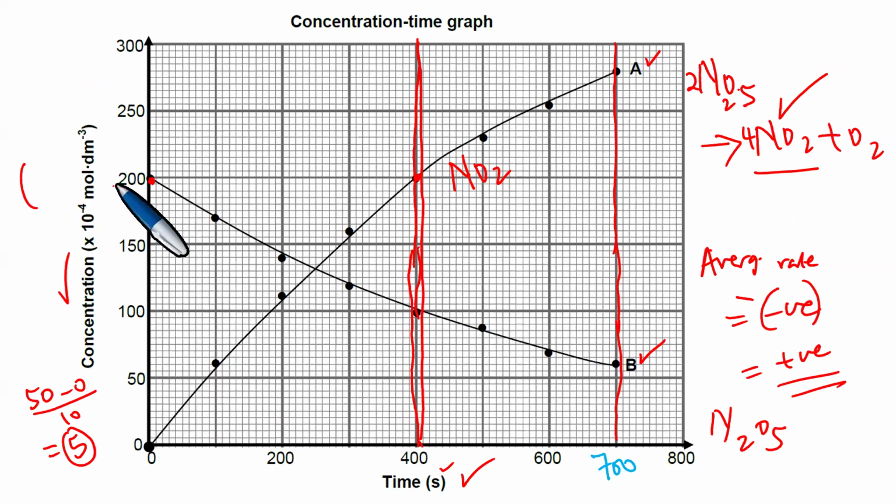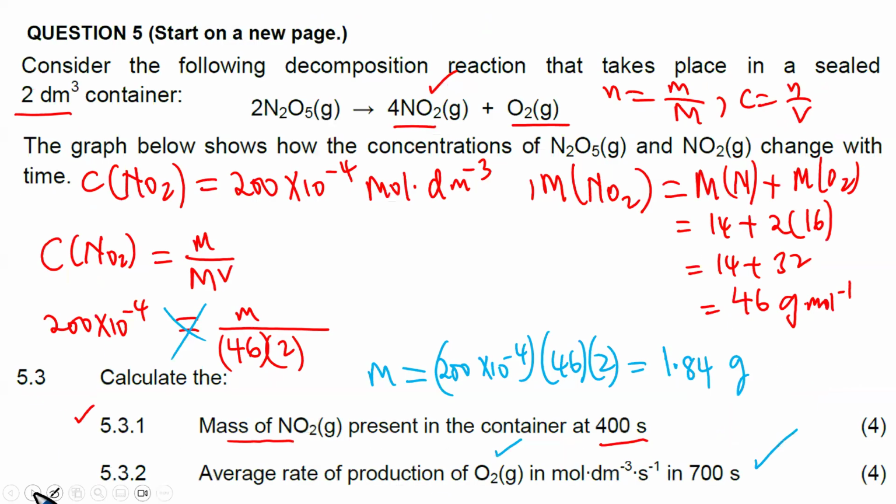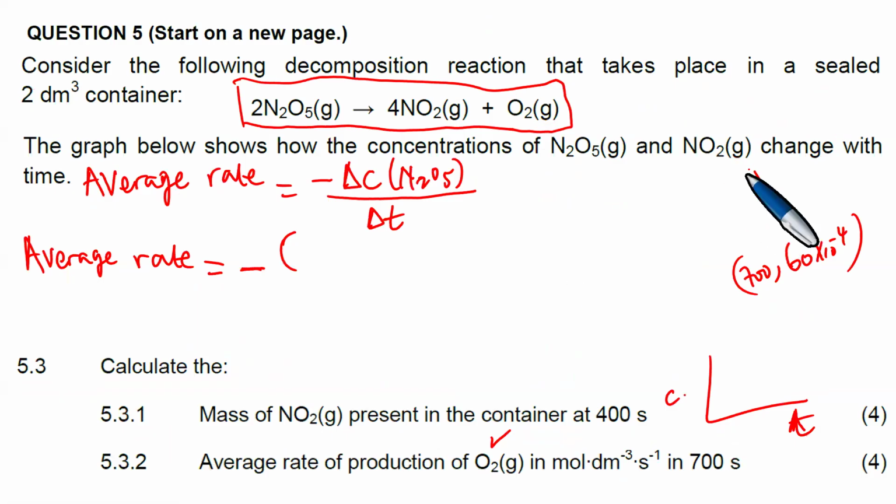So x is 0, and y is 200 times 10 to the minus 4. So here x is 0 and y is 200 times 10 to the minus 4.